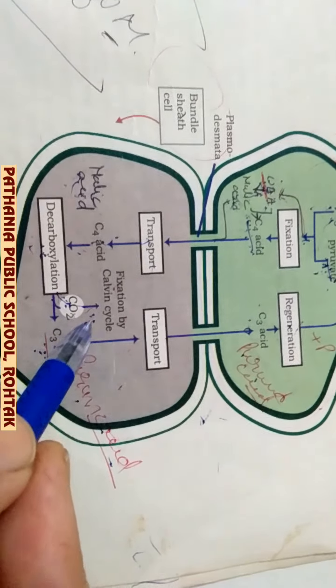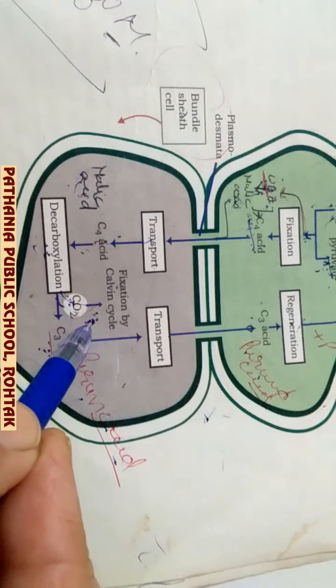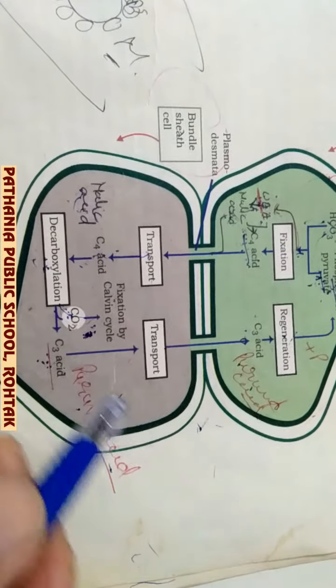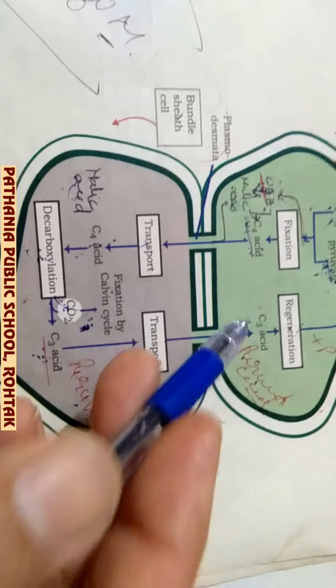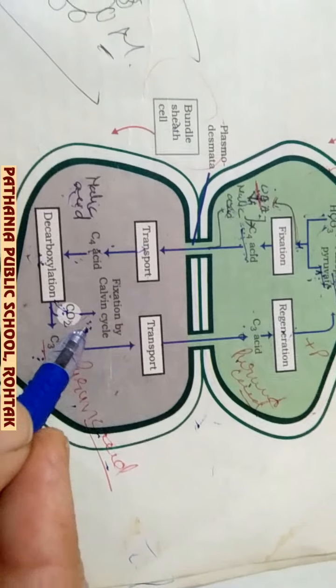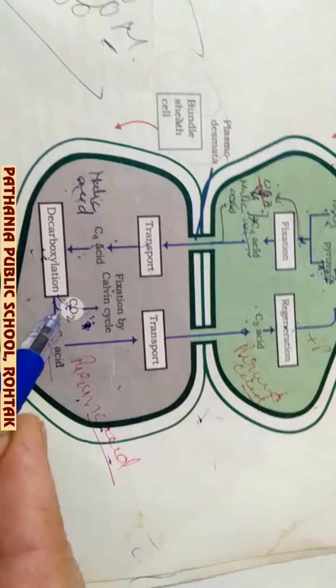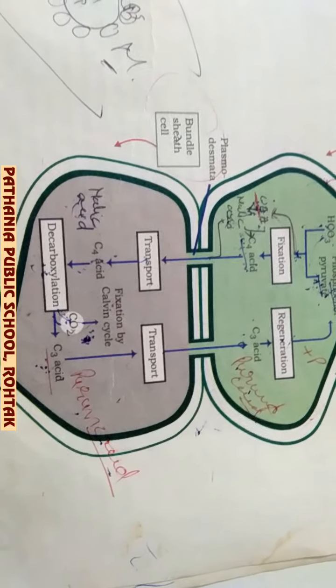But in the C3 cycle, the Calvin cycle operates in the mesophyll cell. So what is the advantage of operating the Calvin cycle in the bundle sheath cell? That I will take up in the next video.